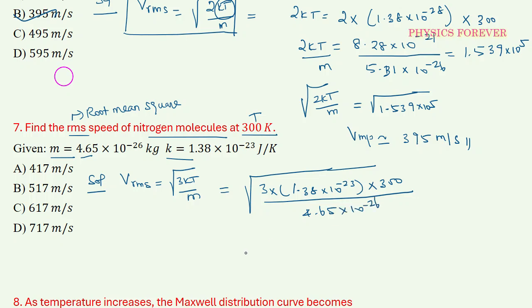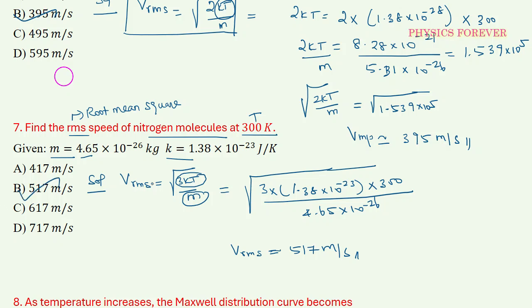Finally we get V_RMS approximately 517 meters per second. We can calculate directly, or first calculate 3kT, divide by m, and then take the square root. So option B is the correct option.